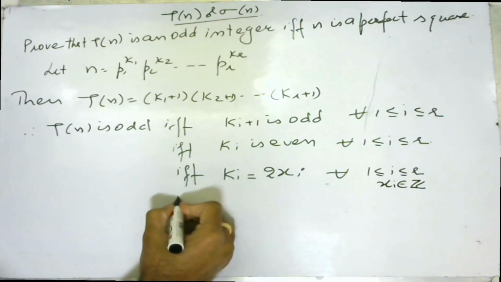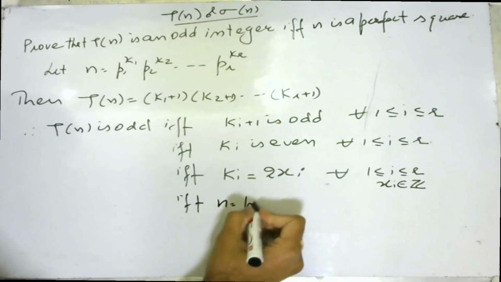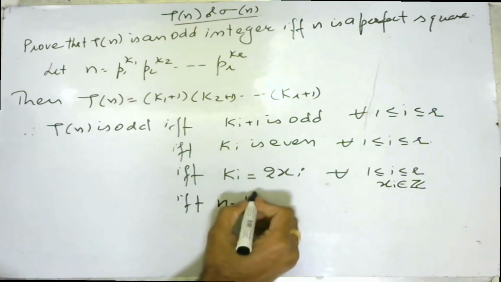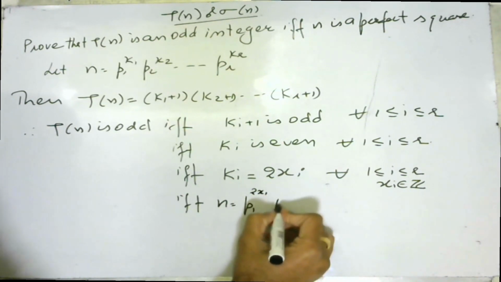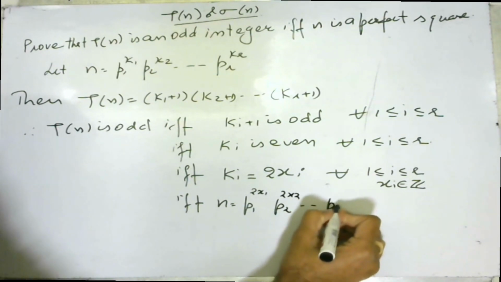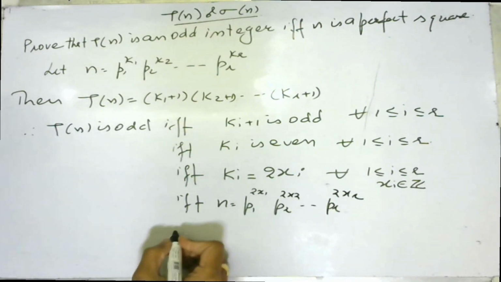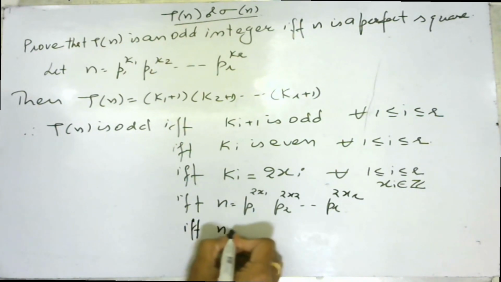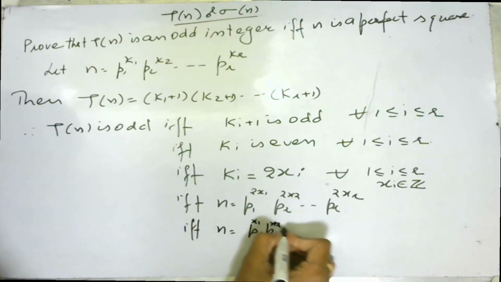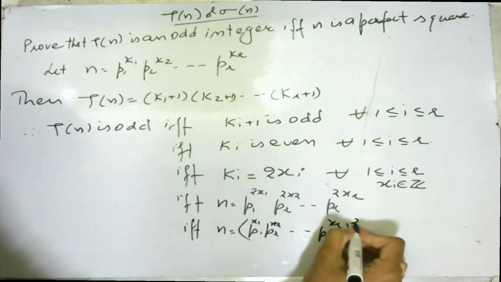And by this, if and only if n is equal to p1 power, now putting the values here, k1 is equal to 2x1, p2 power 2x2, pr power 2xr, which may further be written as: if and only if n is equal to (p1 power x1, p2 power x2, pr power xr) whole square.